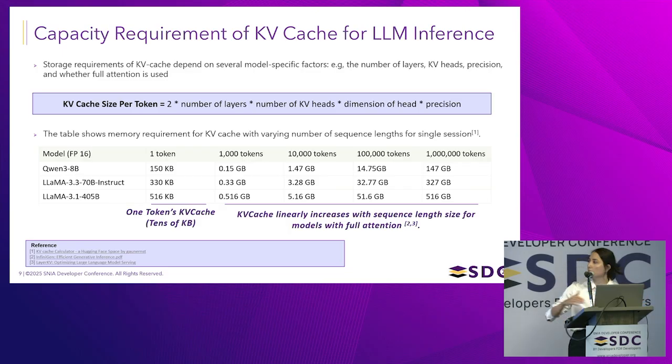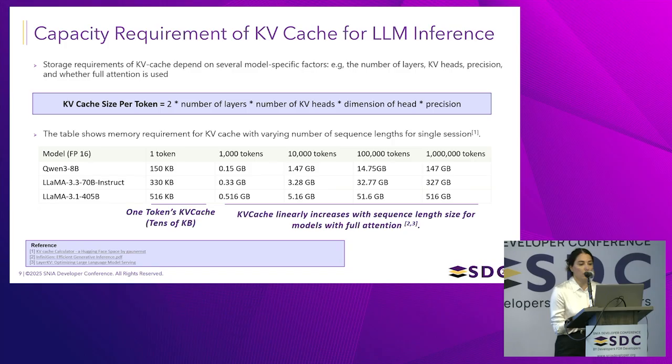The models here use FP16 for the KV cache. We have Qwen, Llama 70 billion, and Llama 400 billion. For one token's KV, for instance for Llama 70B, it is 330 kilobytes, so the range is somewhere around tens of kilobytes.